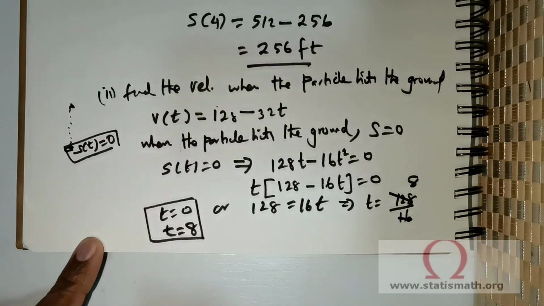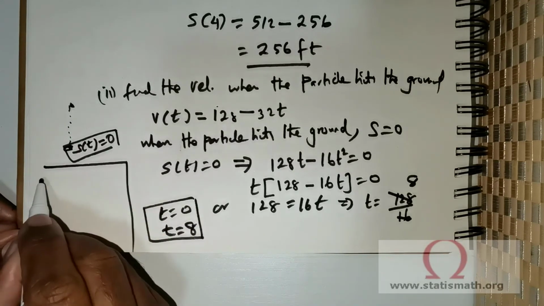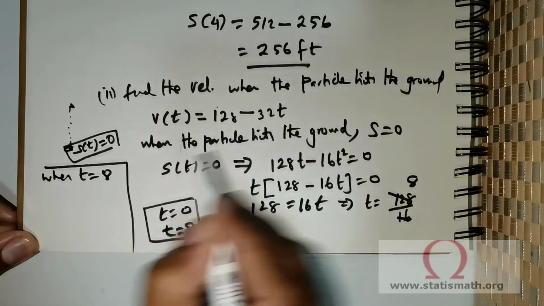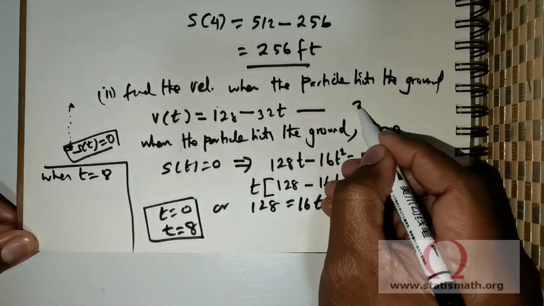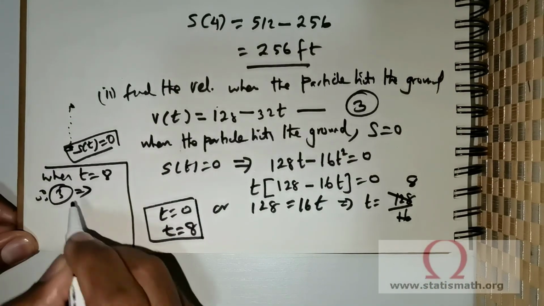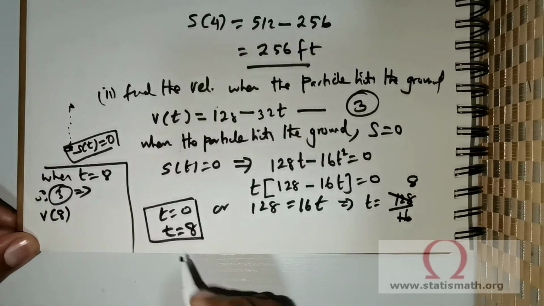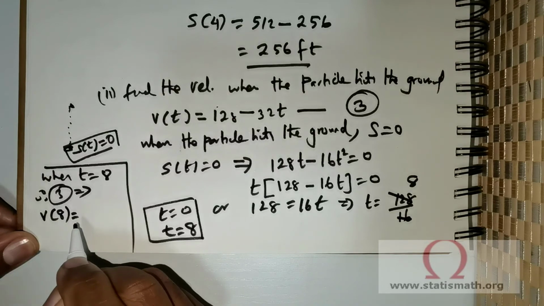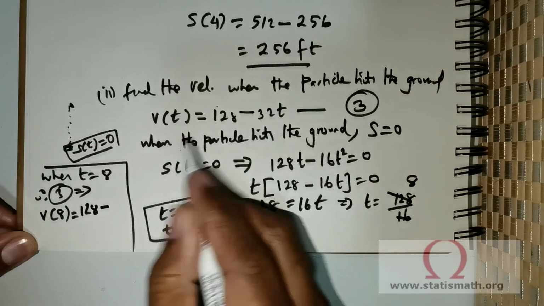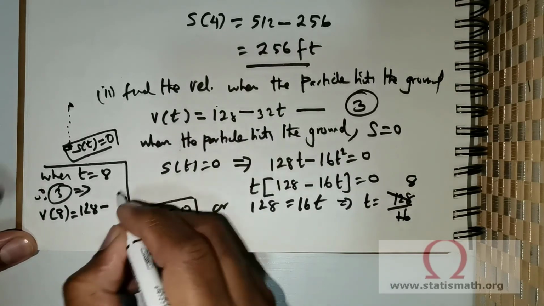So these two pieces of information I've got, so substitute t is equal to 8 into the velocity. So v of 8, after 8 seconds, is going to be equal to 128 minus, substituting t is equal to 8, 32 times 8, which is 256.